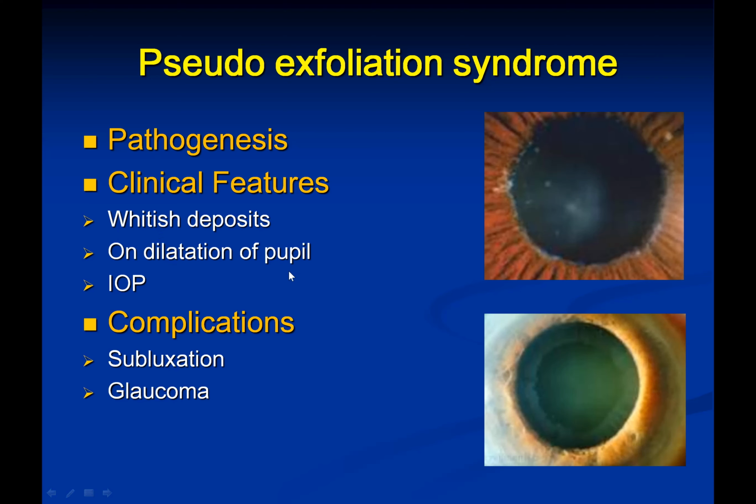On dilation of the pupil, you will see this phenomenon, and raised intraocular pressure. Complications, as I told, include subluxation of the lens. The lens gets subluxated in one part or another, particularly while doing cataract surgery with phacoemulsification. This can lead to subluxation or total dislocation of the lens because it cannot support the pressures of phacoemulsification. Secondary glaucoma occurs due to occlusion of the angle, as I discussed here.